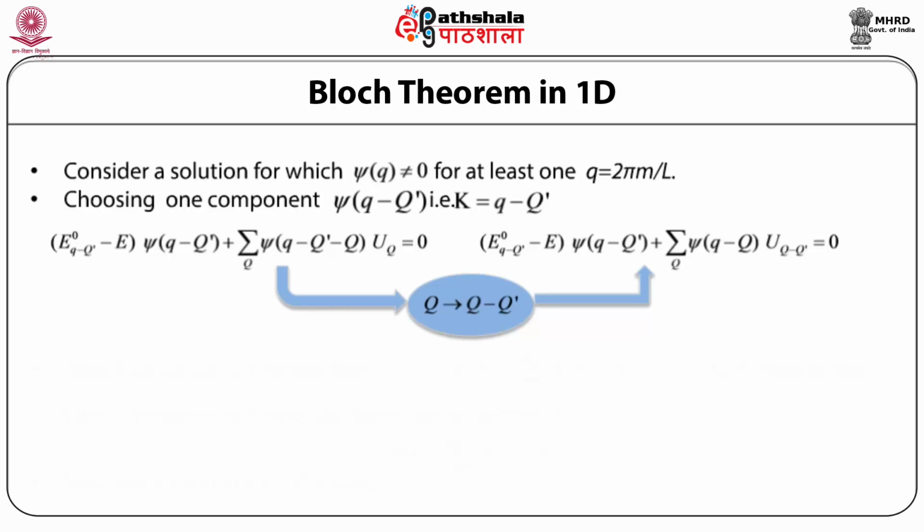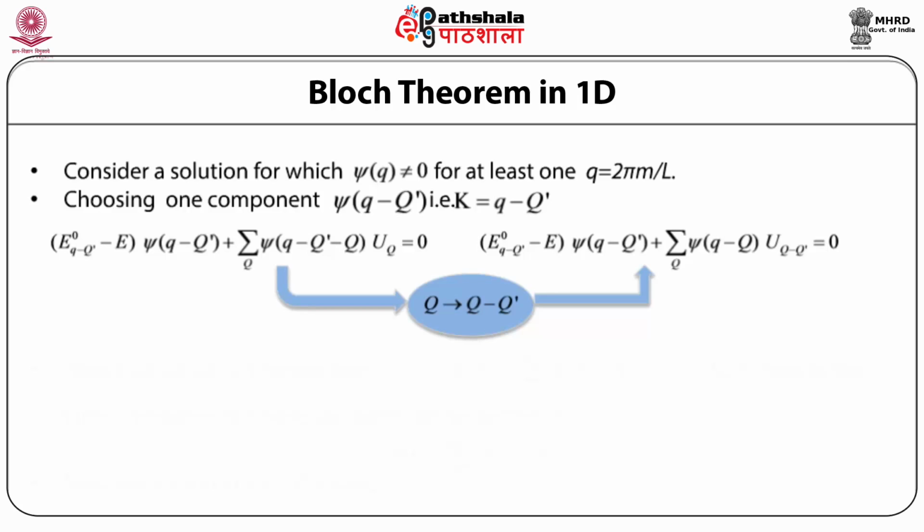Then this Schrödinger equation in Fourier space becomes (E q minus capital Q prime naught minus E) phi of q minus capital Q prime plus summation over capital Q phi of q minus capital Q prime minus capital Q into U q is equal to 0.